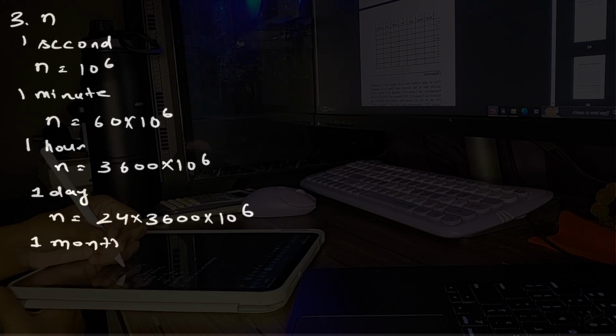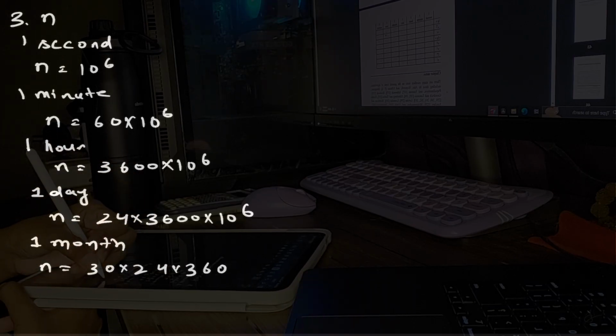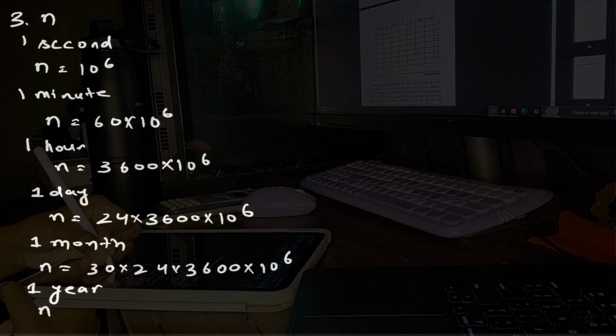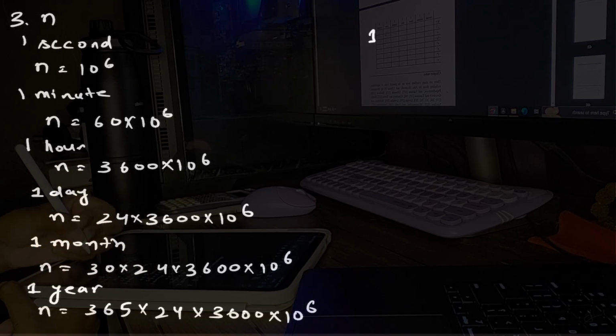In a month, taking 30 days, we have 30 into 24 into 3600. For a year you could choose to go by day, that is more appropriate: 365 into 24 into 3600 and 10 to the power of 6.